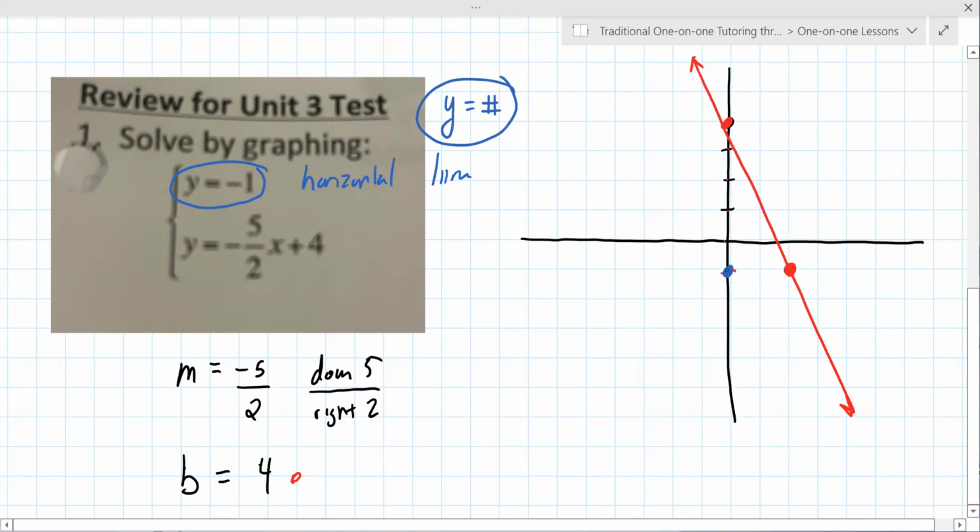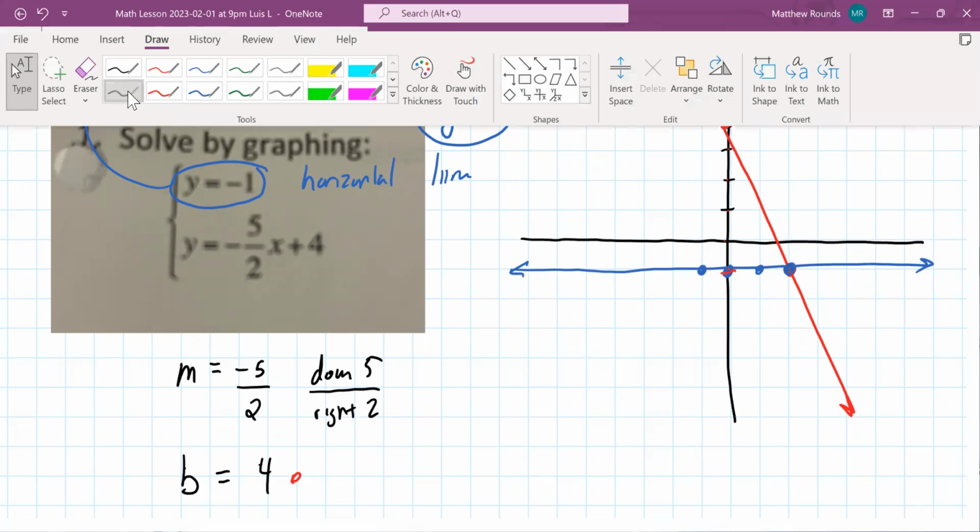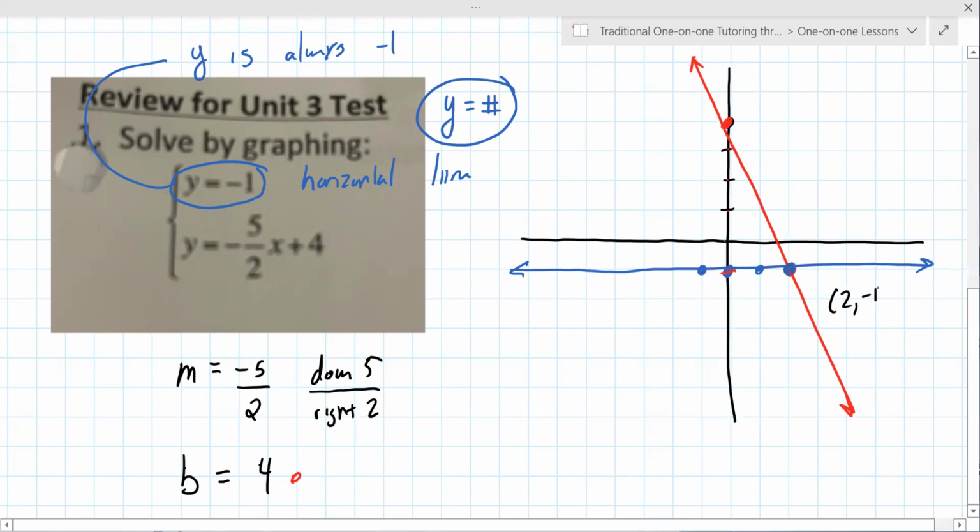It's y is always, without exception, -1. So it's a horizontal line through -1, and you can see that it intersects where we expect it to, which is at the point (2, -1).